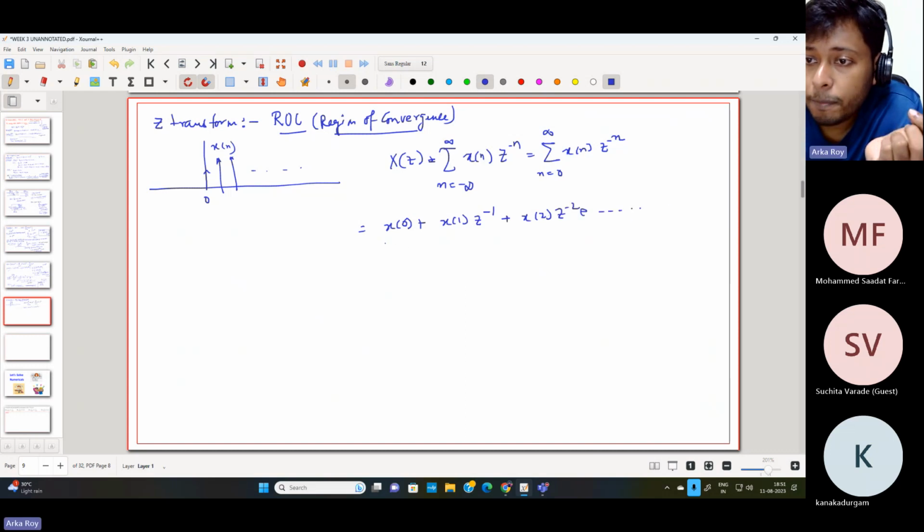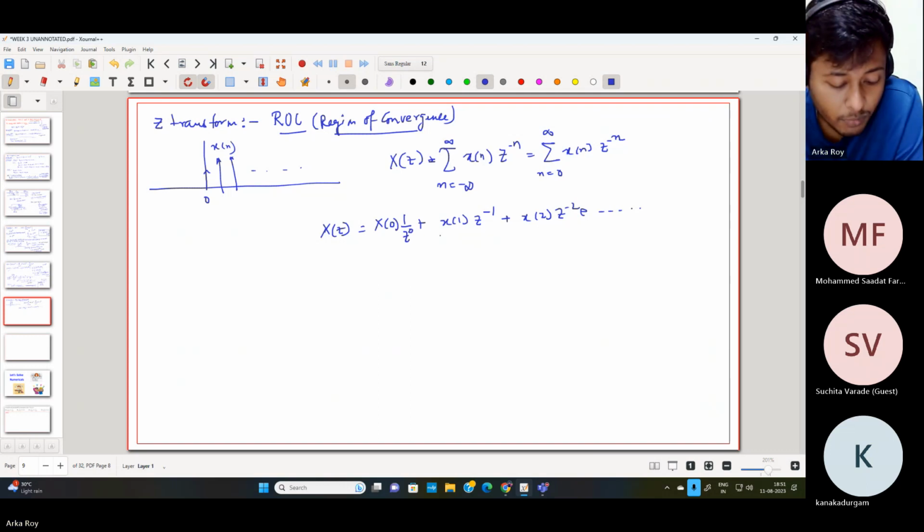So this is X(z). I can write it like this: x[0] times 1 by z to the power 0, and so on.